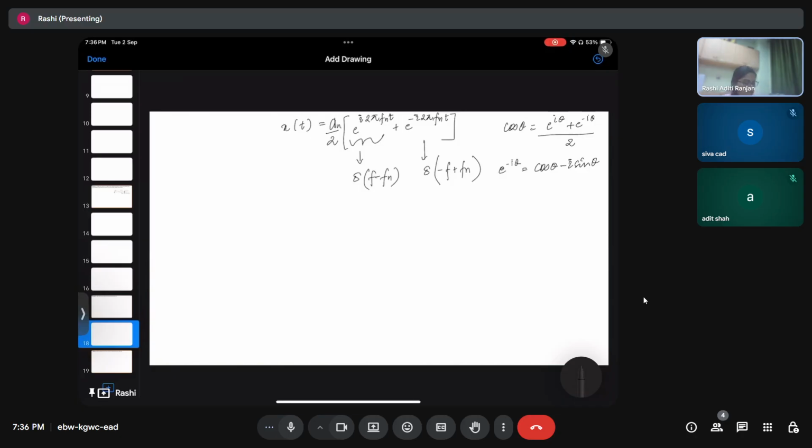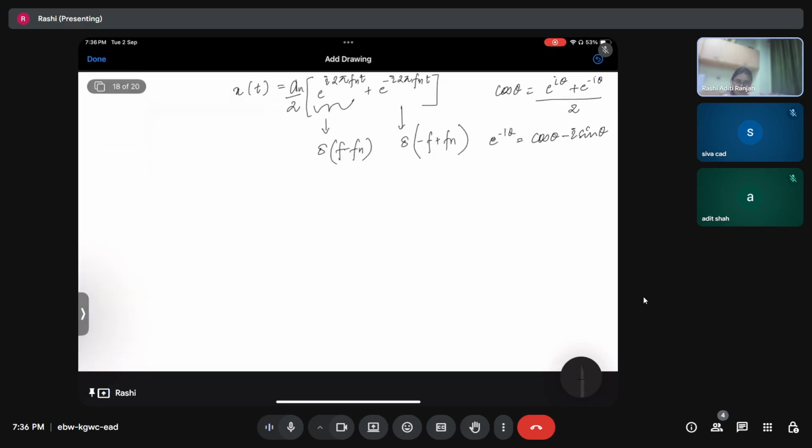So for this, if we compare, we have an by 2 at f minus fn and one at minus f plus fn. So if this is the amplitude, which is a function of the frequency axis, and this is the frequency axis, we are going to have two peaks like this, each of height an by 2, at fn and minus fn.